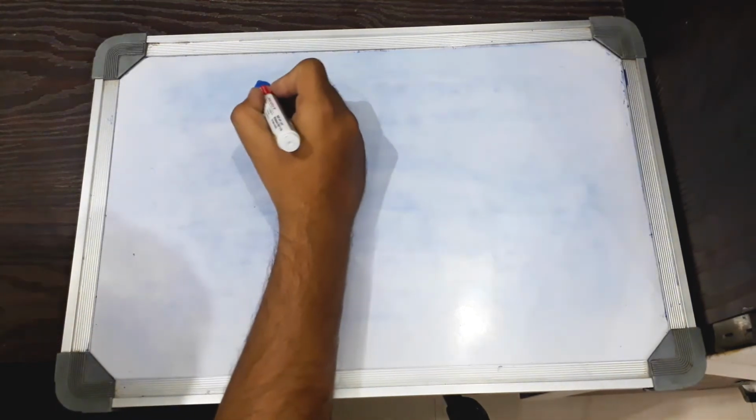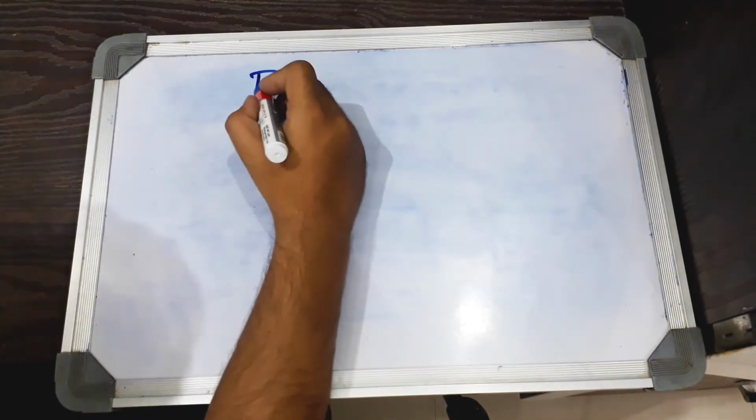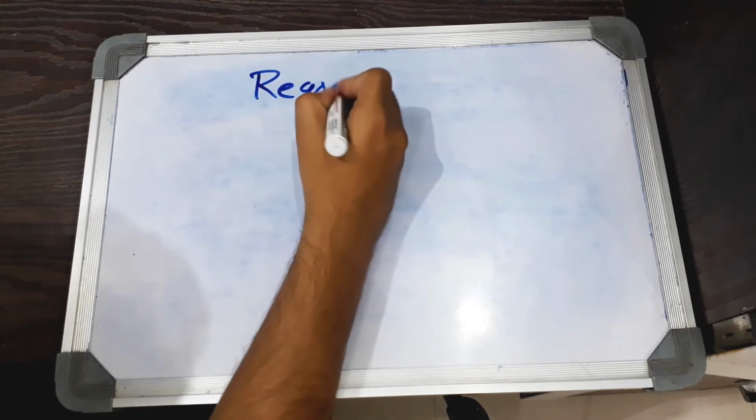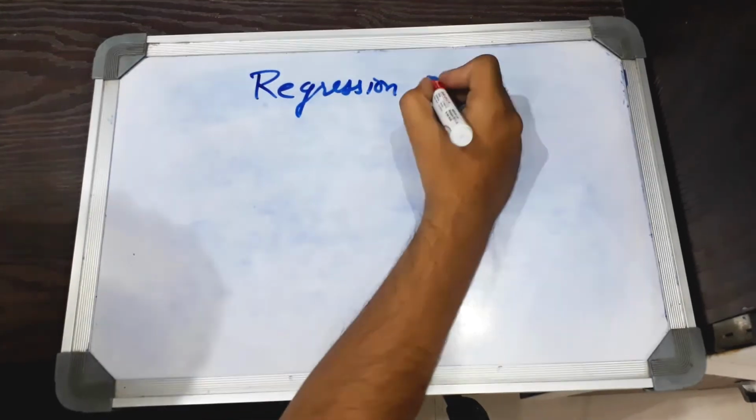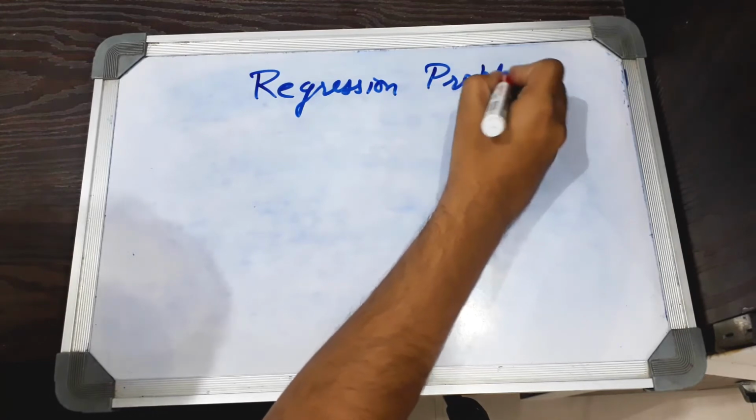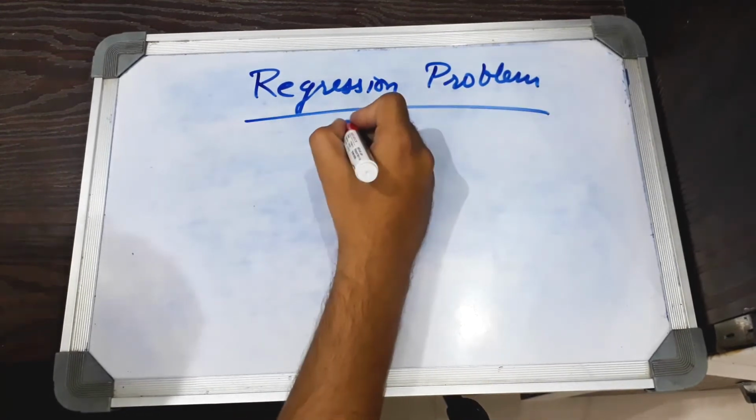So why are we learning linear equations for machine learning? There is a problem called the regression problem. We will take a simple regression problem, and how does it work?